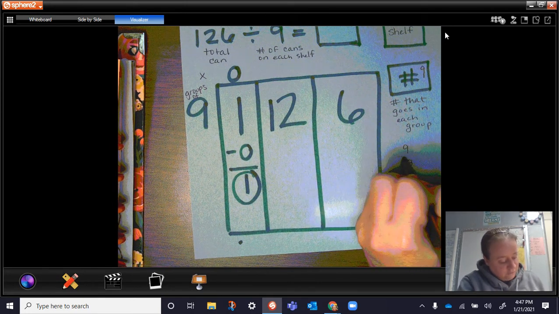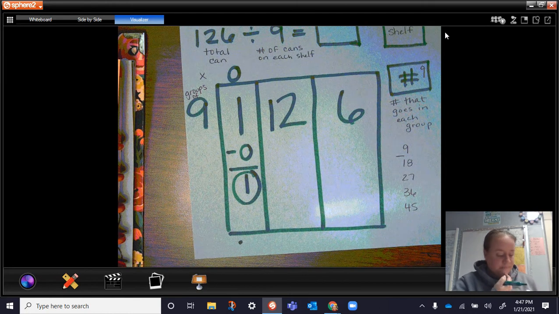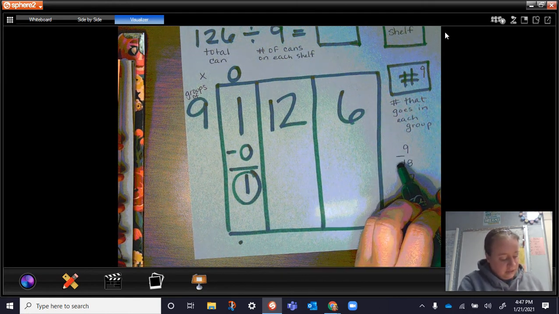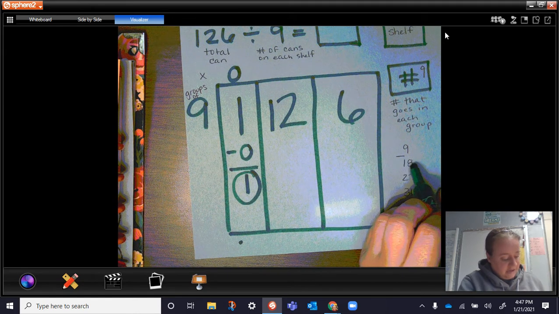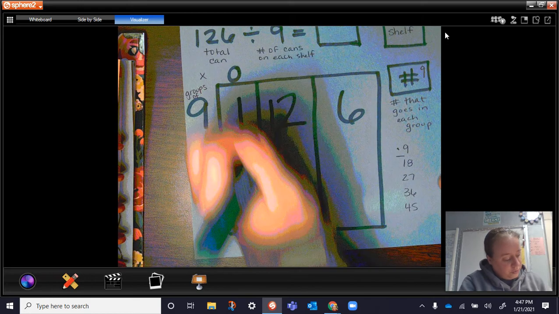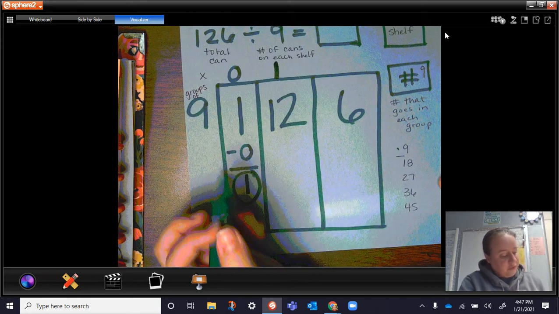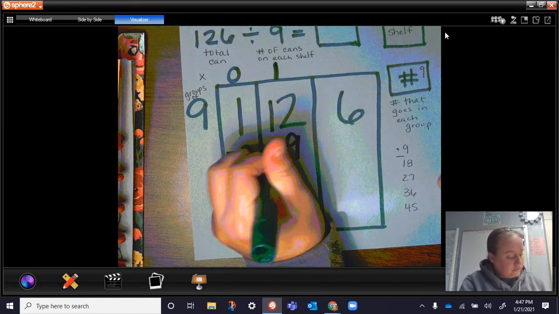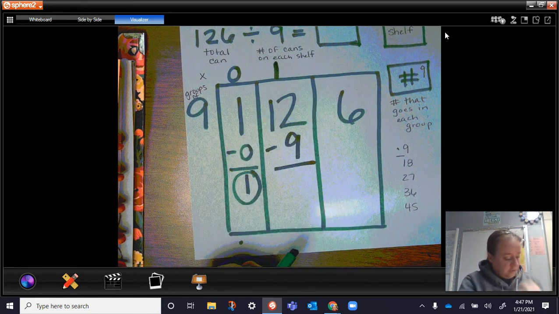You find 12 right in between 9 and 18. So I can't make 2 groups of 9 because that's too many. I don't have 18, I only have 12. I have to stop right here at 1 group. So 1. Then I multiply. 1 times 9 is 9.